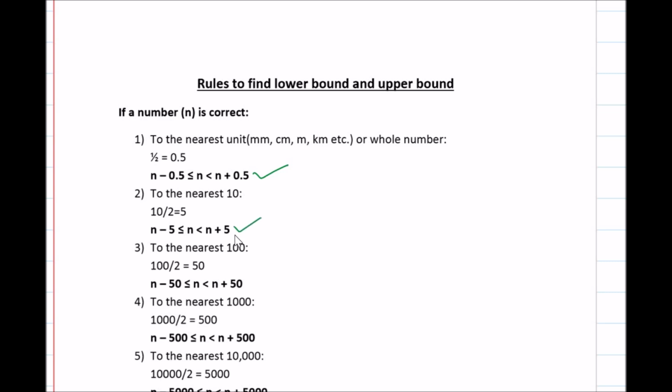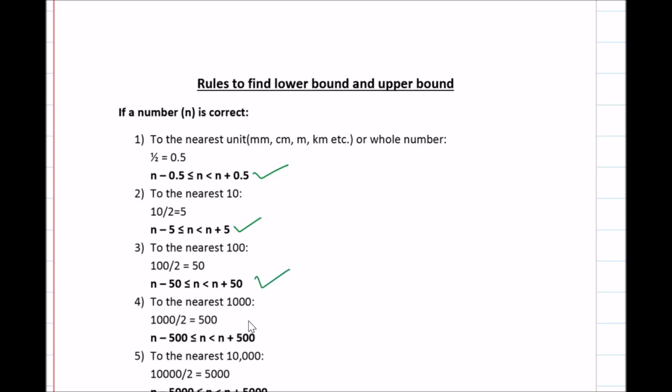So n minus 5 is the lower bound and n plus 5 gives us the upper bound. To the nearest 100, 100 is involved here. So 100 divided by 2 is 50. Now n minus 50 gives us the lower bound and n plus 50 will give us the upper bound.